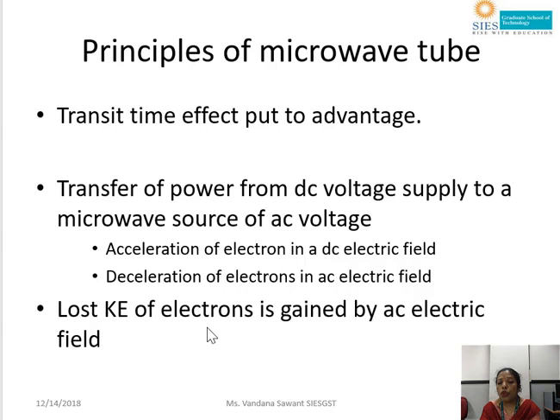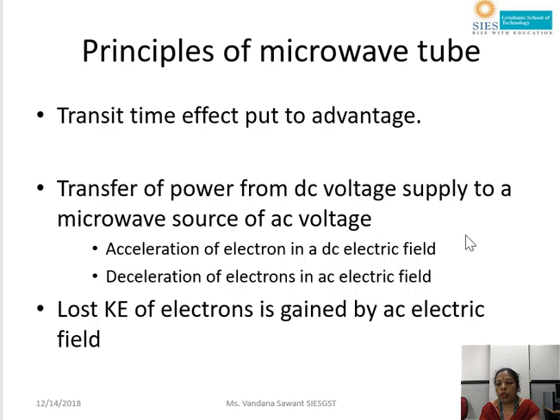So this loss of kinetic energy of electrons is gained by the AC voltage, or the AC electric field, which is generated at a microwave frequency. So the strength of this AC electric field goes on increasing and we can get, at the output side, a good strength or high power microwave signal.